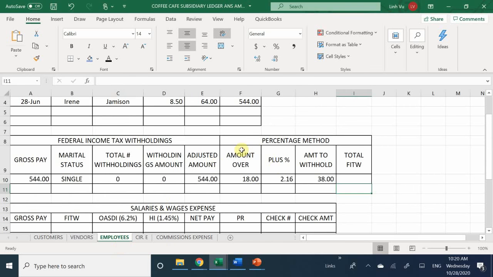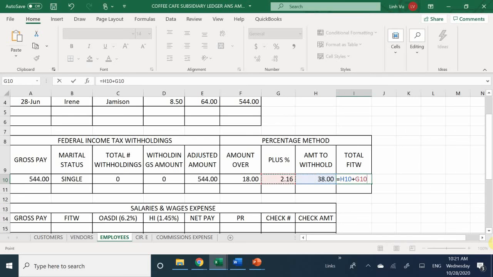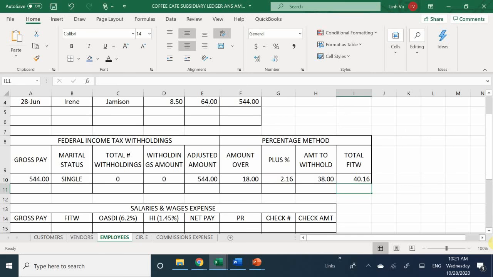So here, how much is my total withholdings going to be? That's actually $40.16. $40.16 is what you're going to take away from her paycheck.